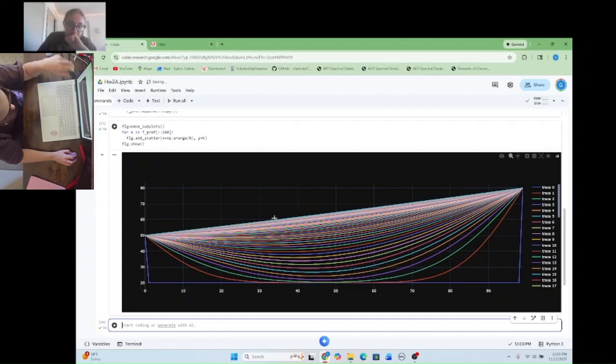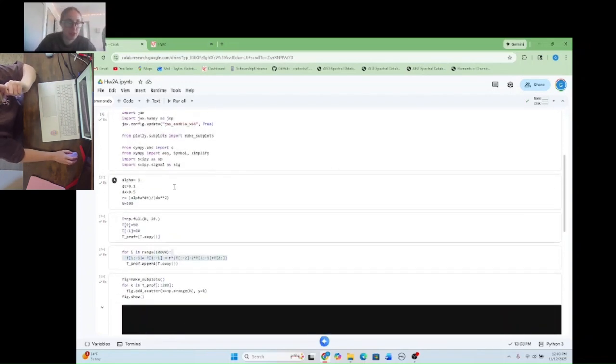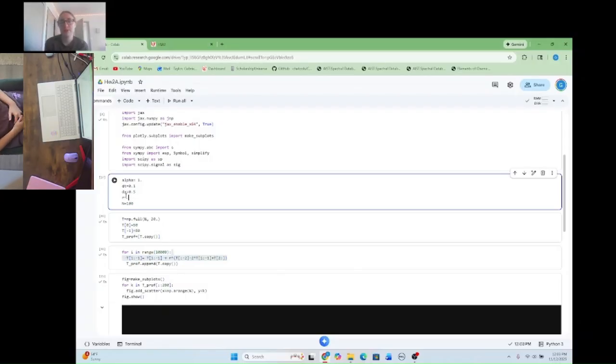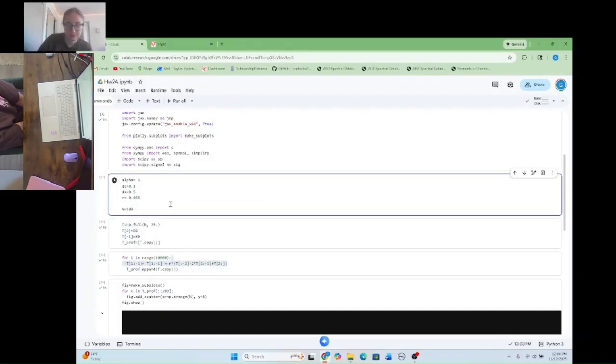So the next part of it was to change R. Pretty much what we have is the Neumann stability, which tells us that if R is bigger than 0.5, we will have a lot of instability. So let's do 0.499.